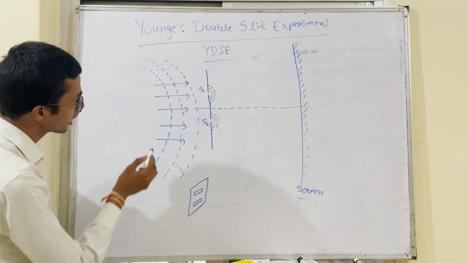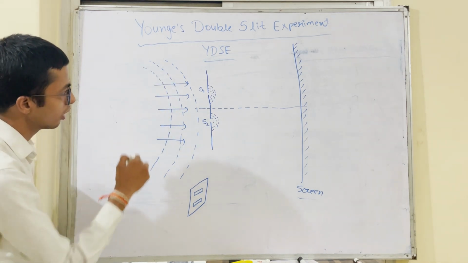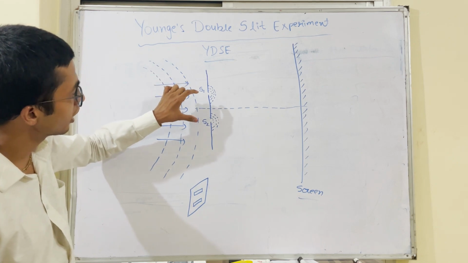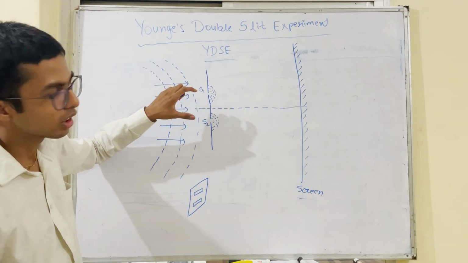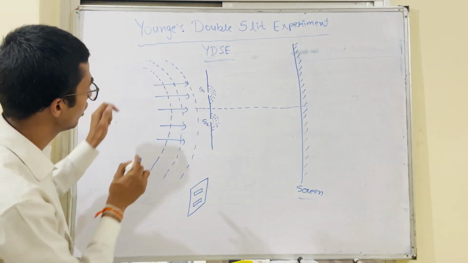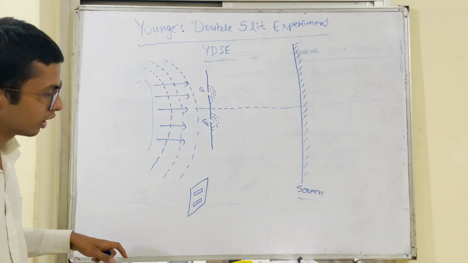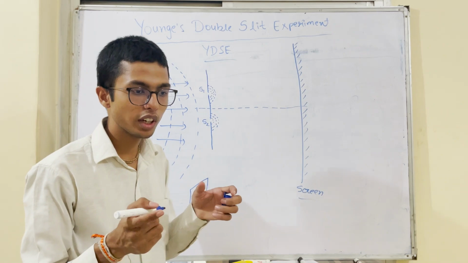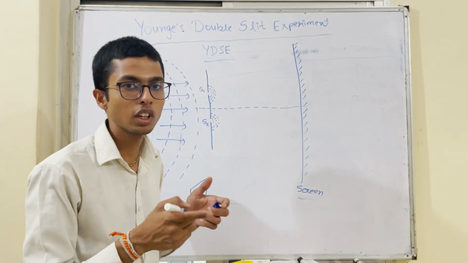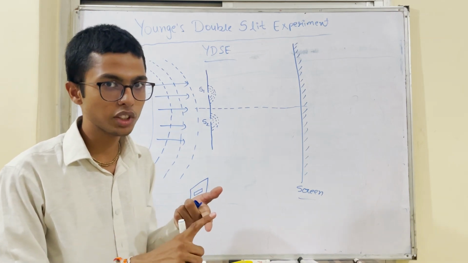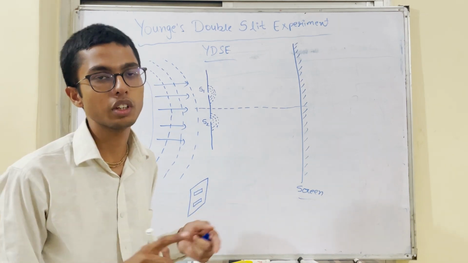And why are we taking only one light source for interference? Because we have studied that for interference we need coherent sources, and for coherent sources the frequency should be the same, the wavelength should be the same, and the phase difference should be constant.